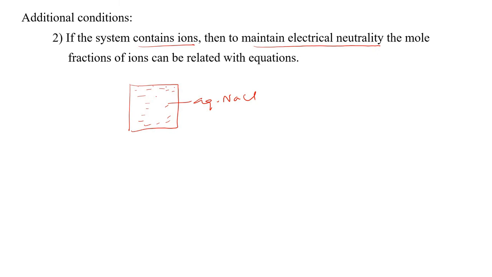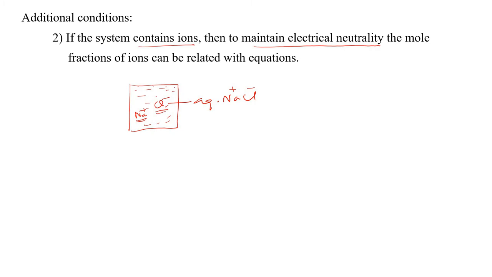Listen, apart from the number of phases and number of components, electrical neutrality should be maintained, because sodium chloride in the solution state will dissociate and give you sodium ion and chloride ion. So in solution, sodium chloride exists only as sodium ion and chloride ion. This is one constituent, this is another constituent.